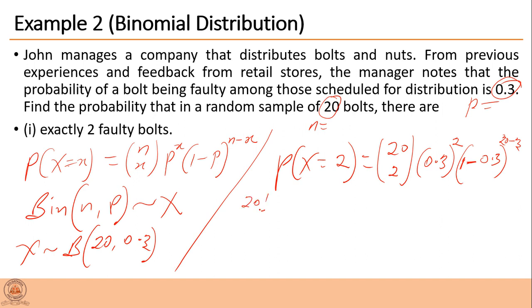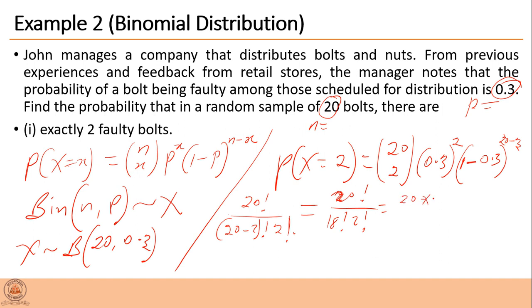We have 20 factorial over (20 minus 2) factorial multiplied by 2 factorial, which is 20 factorial over 18 factorial times 2 factorial. Factorial simply means that 20 factorial is 20 times 19 times 18, reducing by 1 until we get to 1, the product of all those numbers.